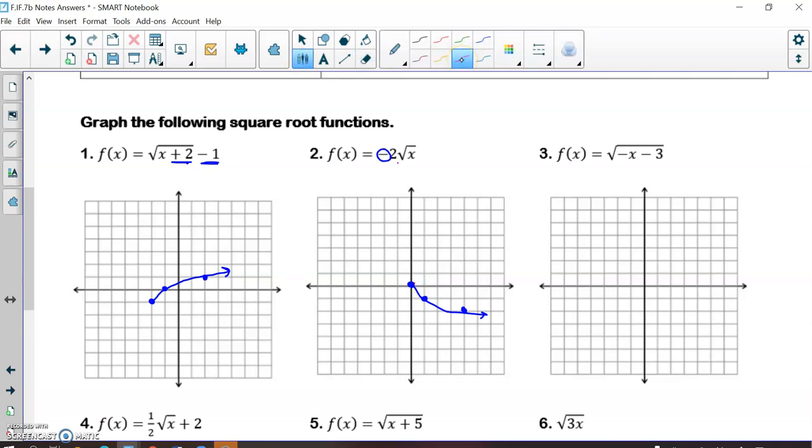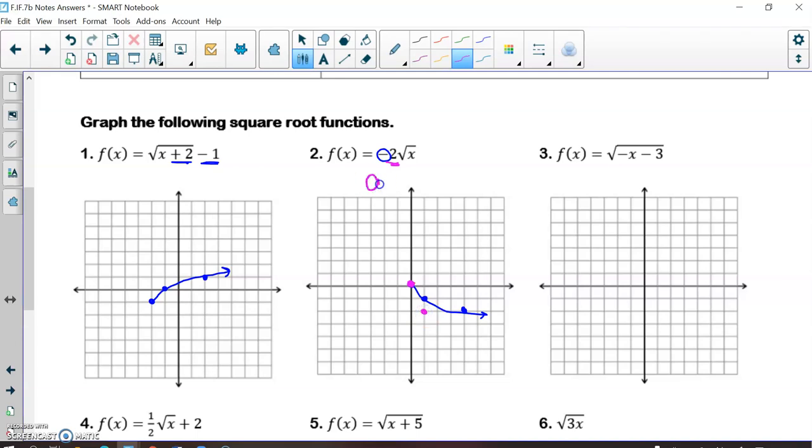And so what I do with that is my (0, 0) stays where it's at, but then my slope, instead of going down 1 and over 1, I'm going to be going down 2 and over 1.